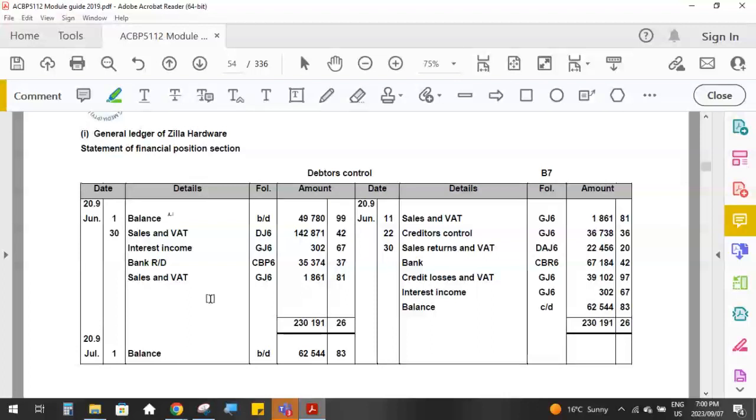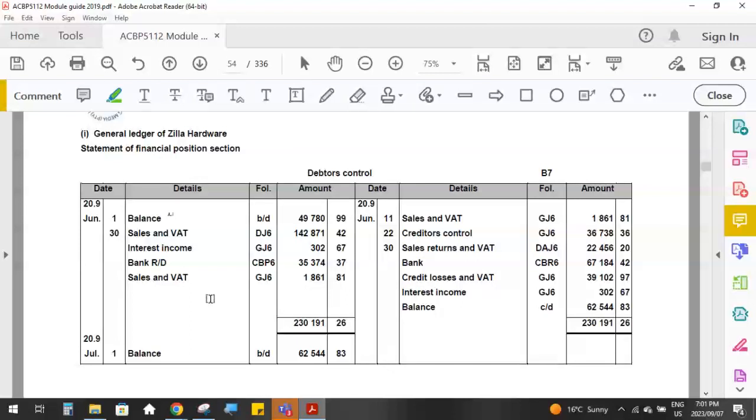Then the next transaction is balance transferred. So that is an offset amount, an example of offset. We've got our customer K Crank, and we also purchase from them. So there's an amount in our creditors control and our debtors control account with that company K Crank.